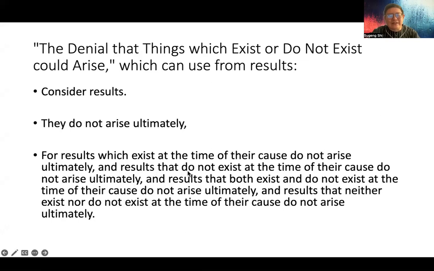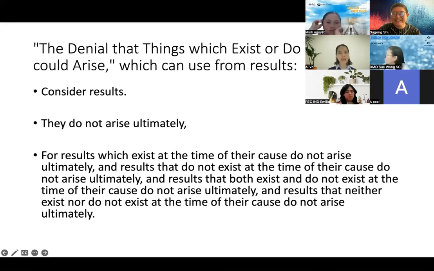And results that do not exist do not arise. Both exist and do not exist, do not arise. Both do not exist and do not arise. You see the pattern here? Yeah, we always use these four permutations, and this is talking about the results.